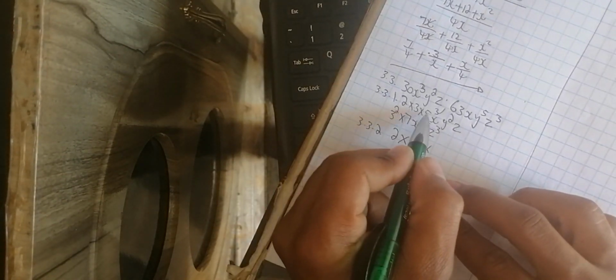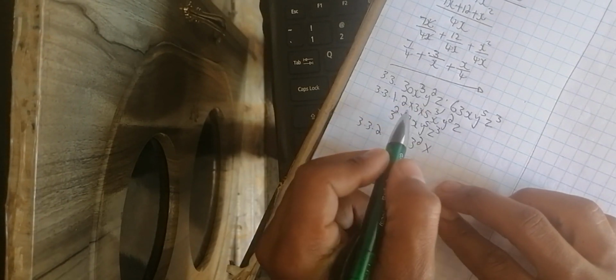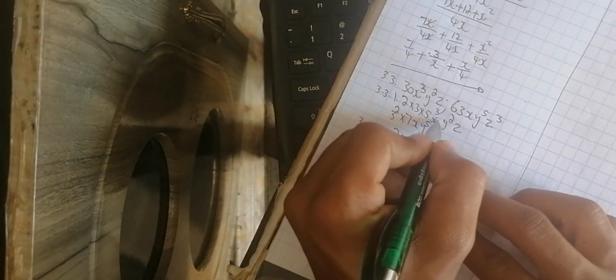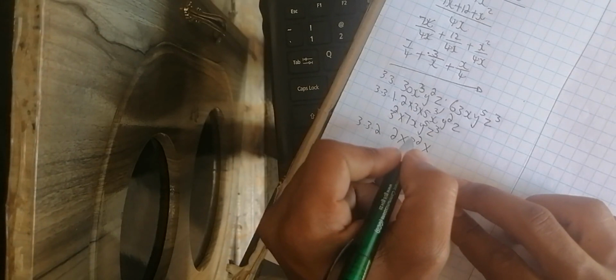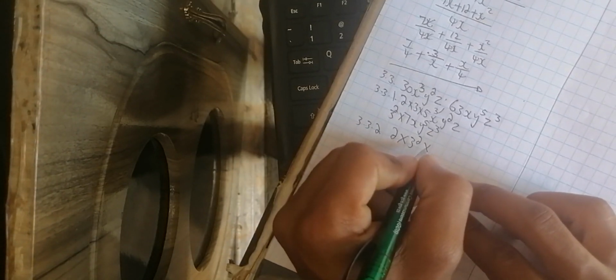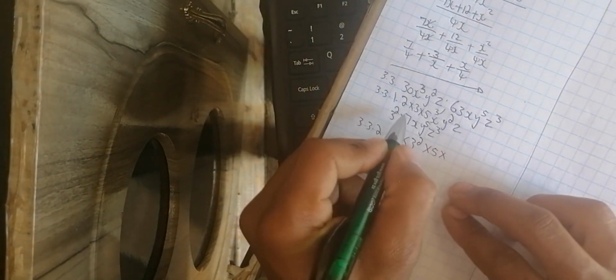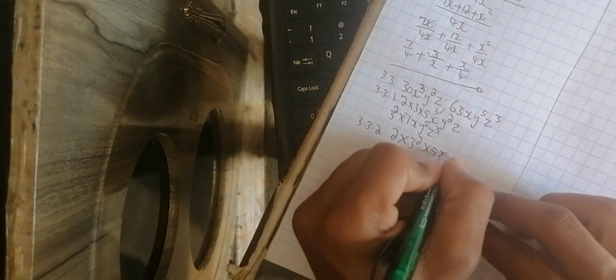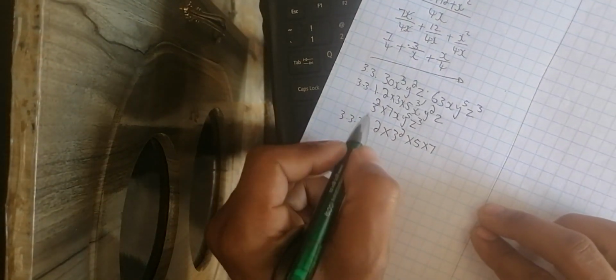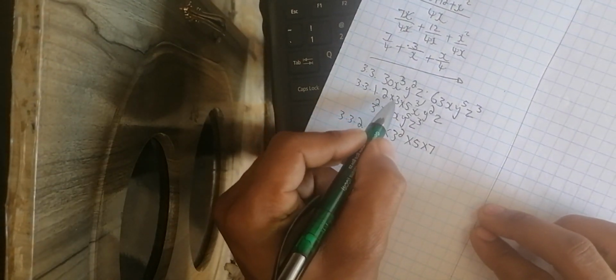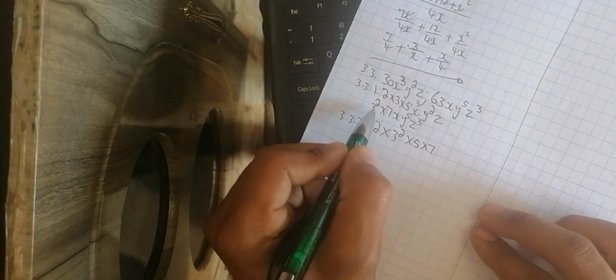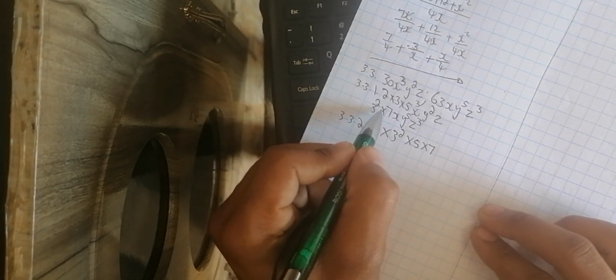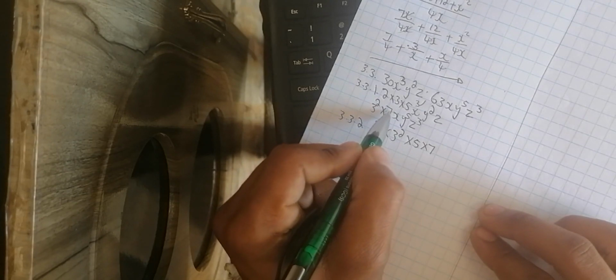You have 5, how many? 3 of them. Is it 3? No, this is x³, this is just 5, right? You would take that 5, and there's also a number 7, you would take that 7 as well. So we took 2, 3, 5 and 7.